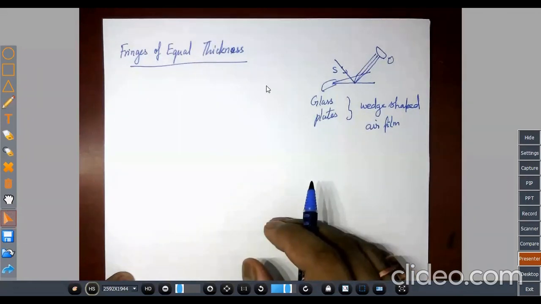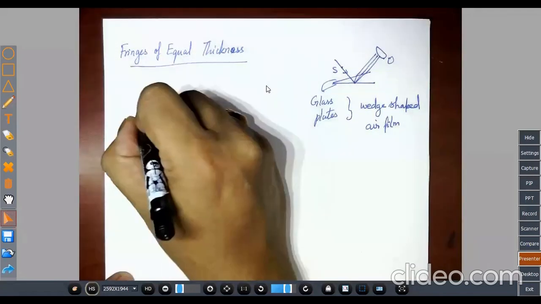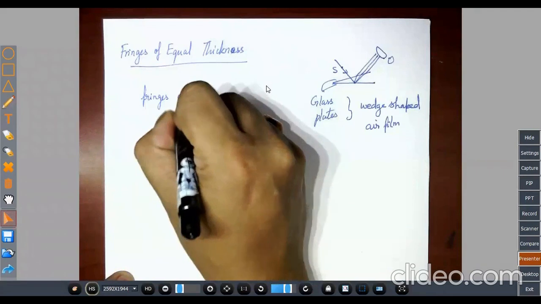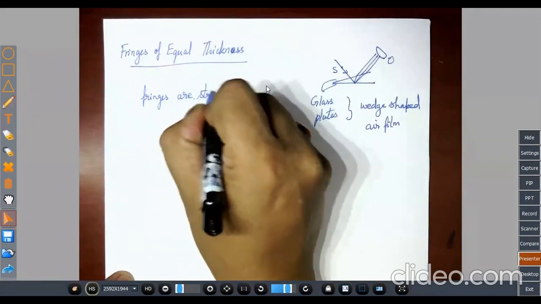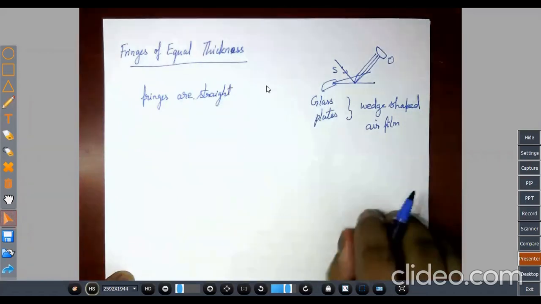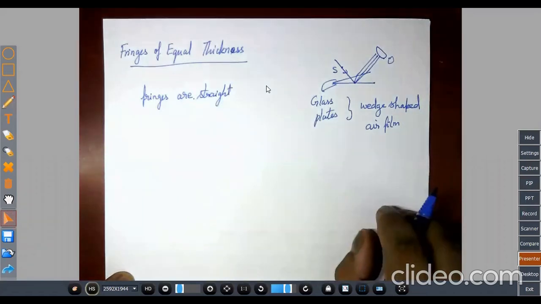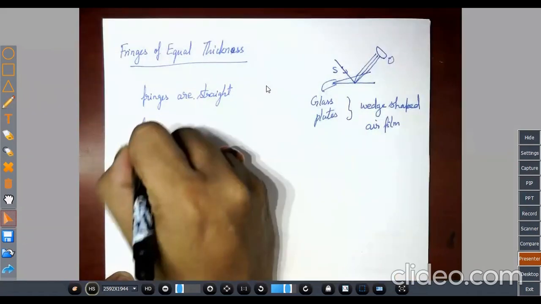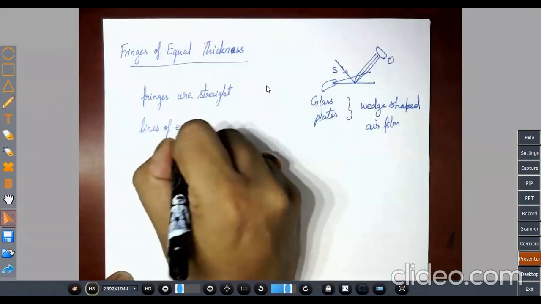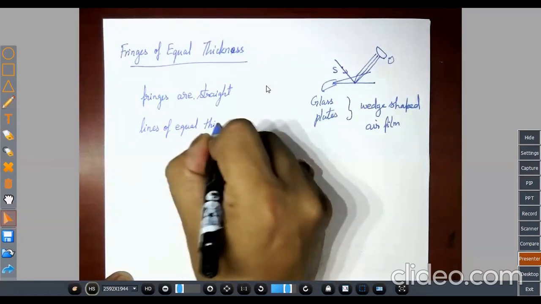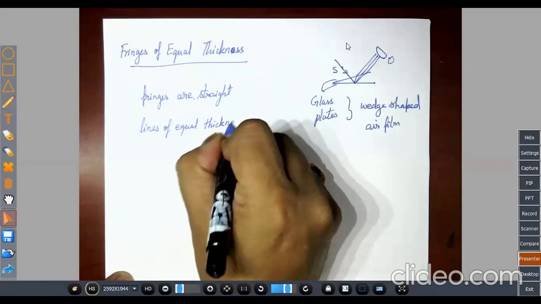So the fringes in this case are straight, and all the fringe lines have the same thickness.